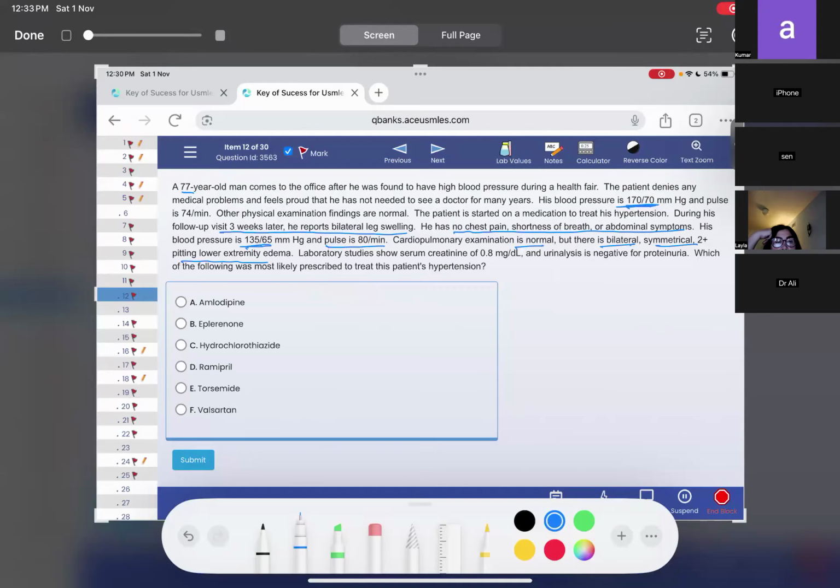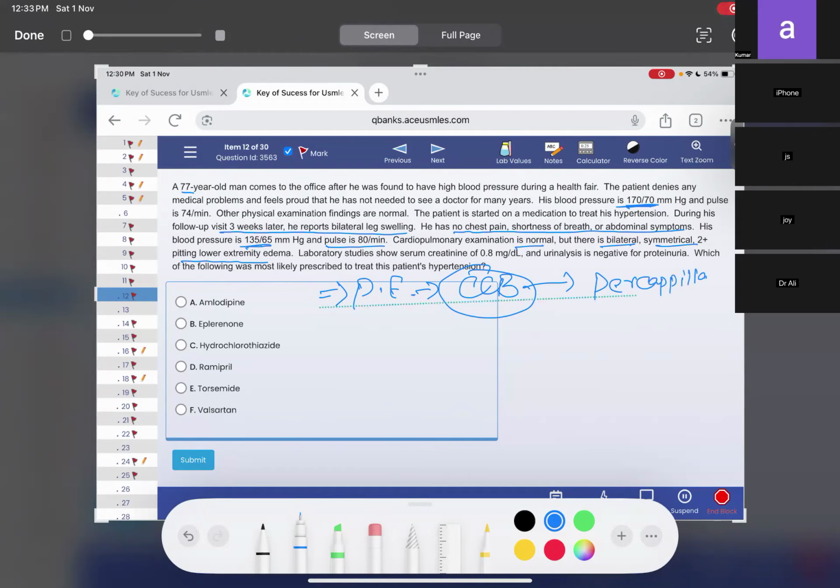Can anybody tell me? Calcium channel blocker. Yes, excellent. Calcium channel blocker. Can anybody tell the reason why it usually happens? Increases the capillary pressure. Dilatation. Excellent. It usually occurs as a precapillary dilation.